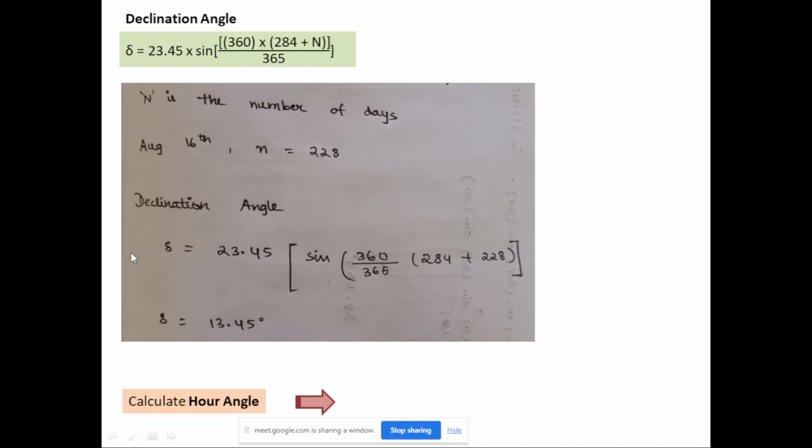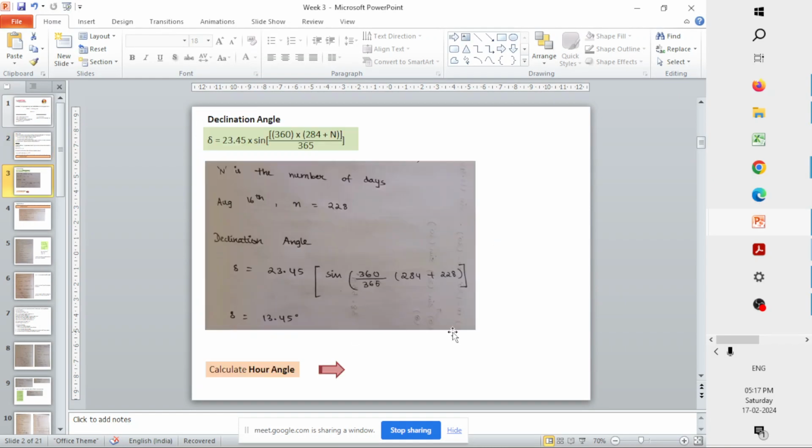So this is the delta value. Delta is 23.45 sine of 360 divided by 365, which remains constant even if it is a leap year, into 284 plus 228. So the value of delta is 13.45.